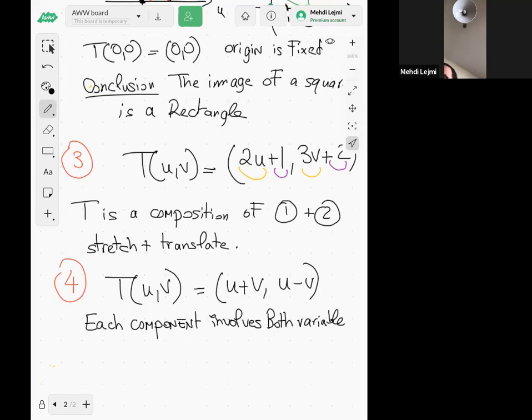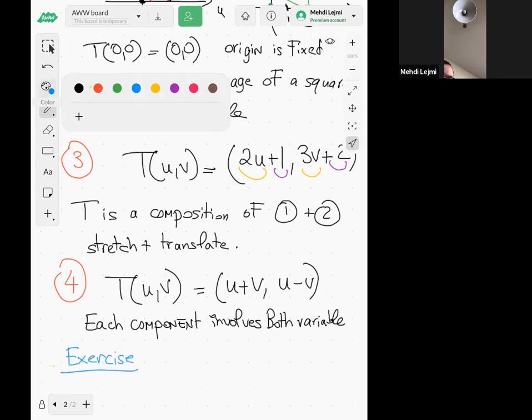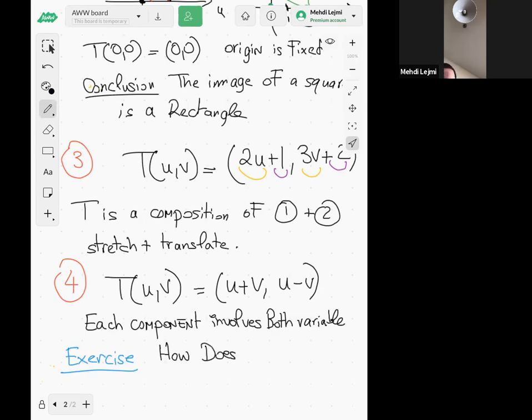Okay, so here's an exercise, a very easy exercise, I guess. My question for you guys: how does the square [0,1] cross [0,1] transform?